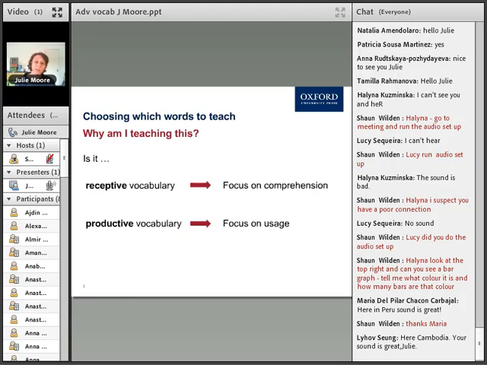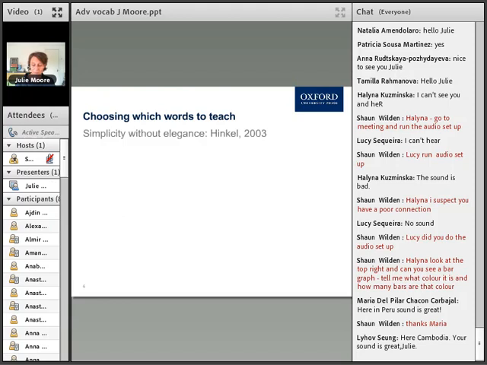If we're looking at productive vocabulary, on the other hand, if we're looking at language that we hope our students will start to use, then the focus for activities should be on usage, on how do I actually use these words for myself. And as I've mentioned before, this is one of the areas that's particularly problematic for higher level students.